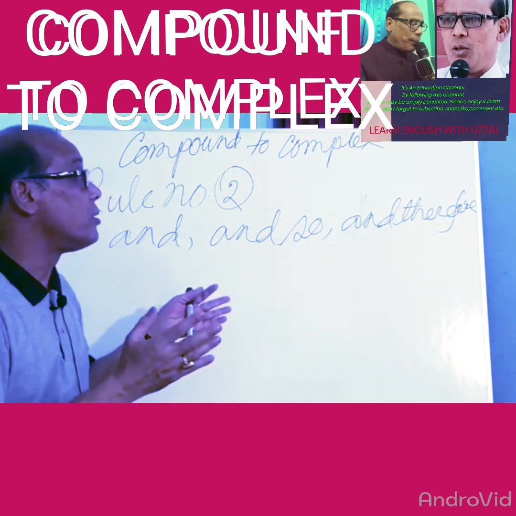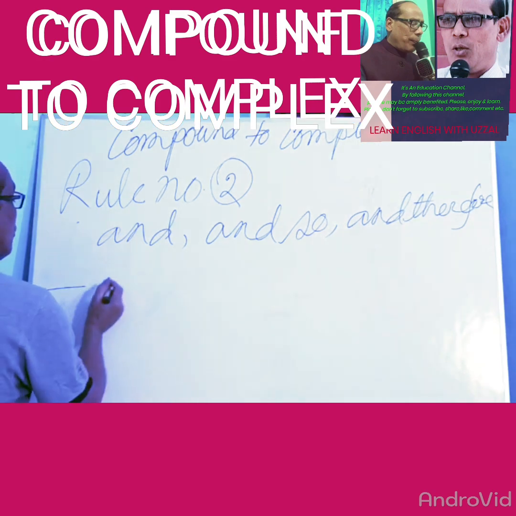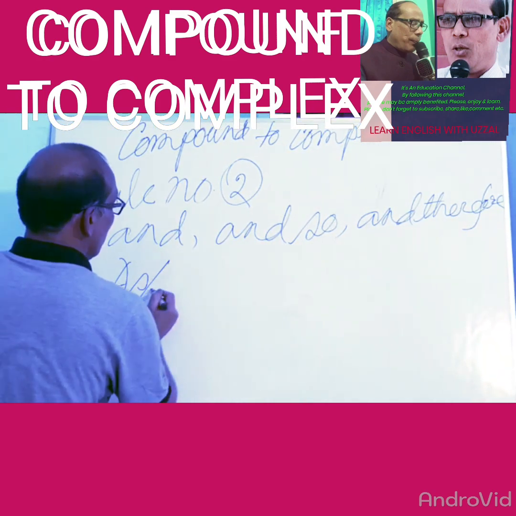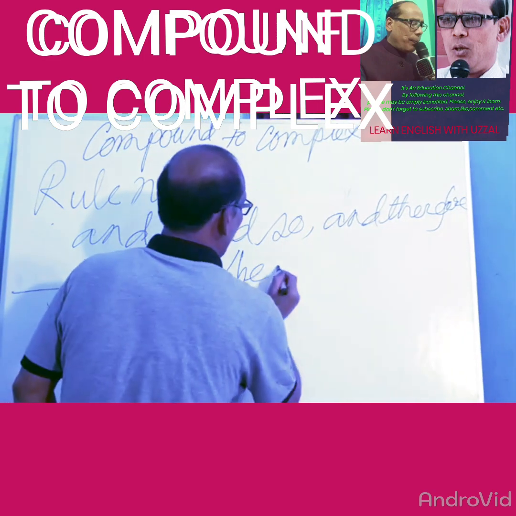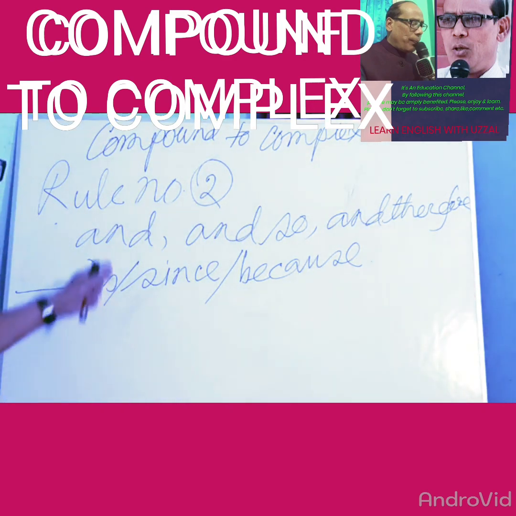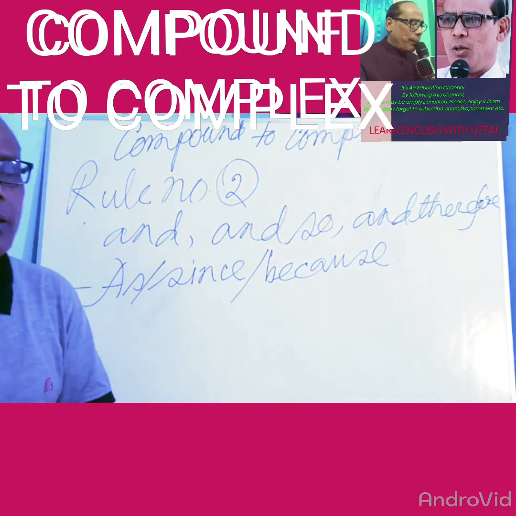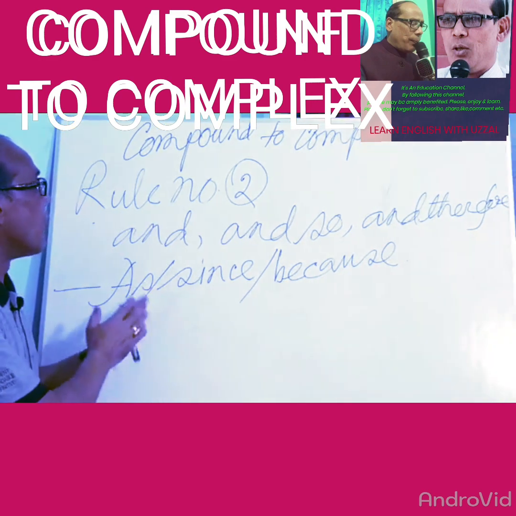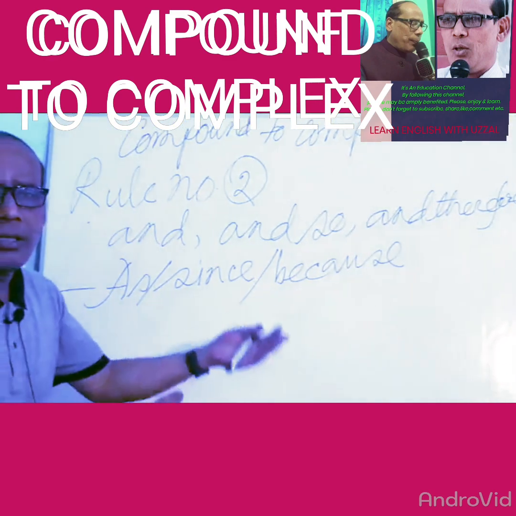So in this case, we will use subordinating conjunctions as, since, because, etc. And so and therefore, when they indicate reasons or causes, we'll use the subordinating conjunctions as, since, or because.